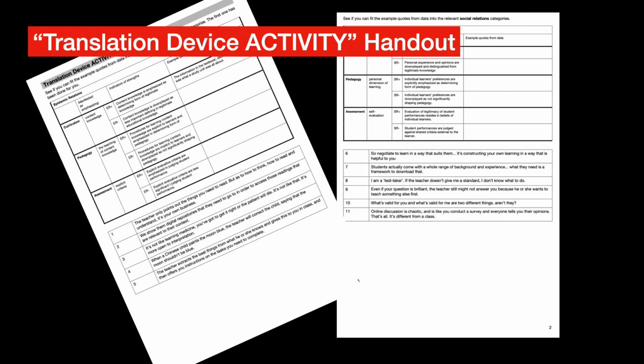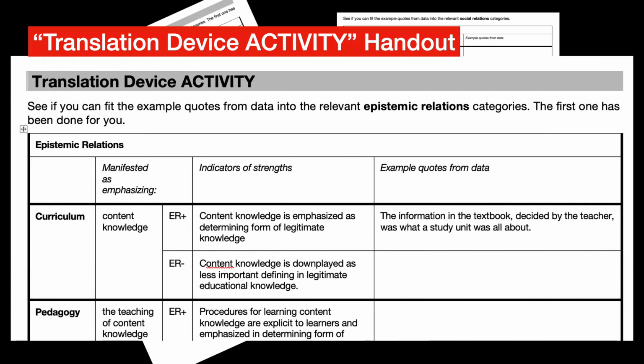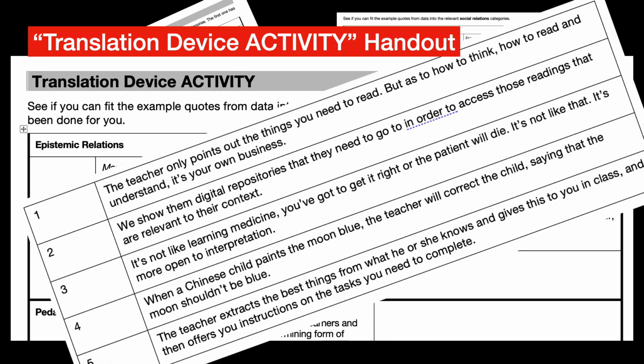To do this, please upload the translation device activity handout. It's a handout with one side focusing on epistemic relations and the other side focusing on social relations. And the idea is to have a go at fitting the example quotes from the study's actual data into the relevant epistemic relations on the one sheet and social relations on the other sheet of the handout.